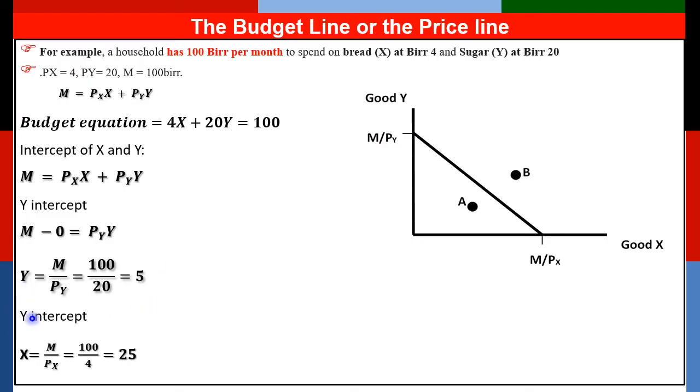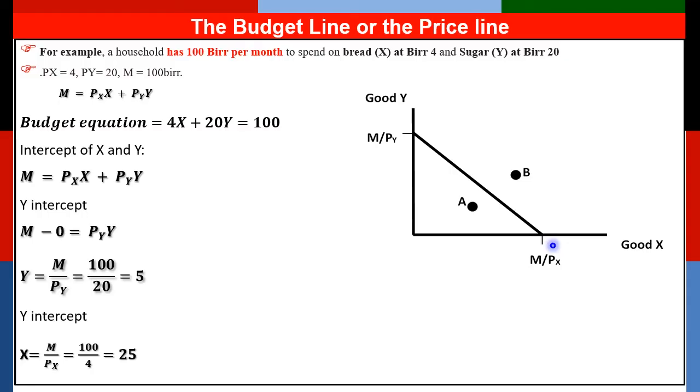X intercept, this is not Y. The X intercept is found in a similar fashion to what we did for Y. X intercept means M over price of X, income over price of X. Therefore income is 100, and price of X here is 4. Therefore the intercept of X is 25 at this point, 25 and 0.